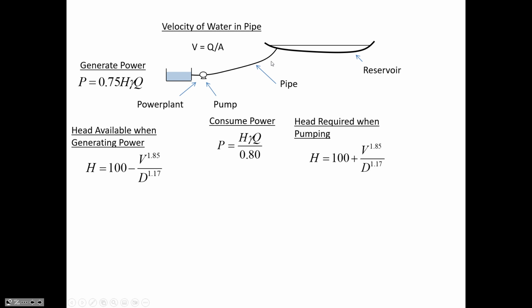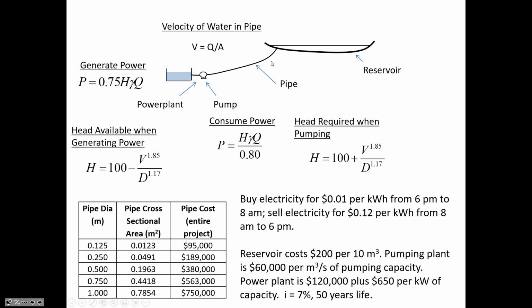I want you to go through the calculations and optimize the system to find out where that maximum profit point is. And so these equations are the governing equations that dictate, for example, how much energy you're going to be consuming to get the water up to the reservoir, how much energy you can sell based on the friction that's reducing your head. And here are some pipe costs.